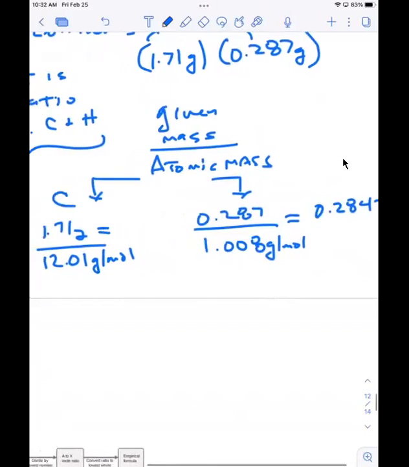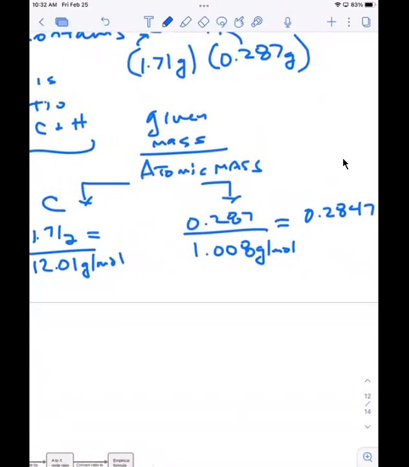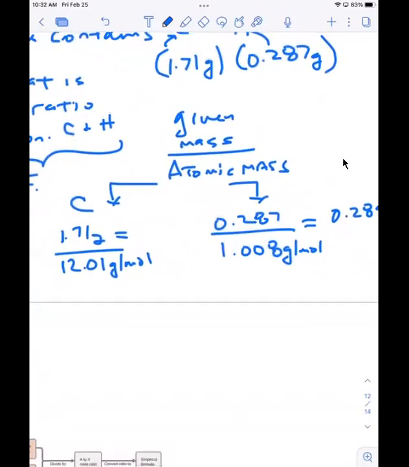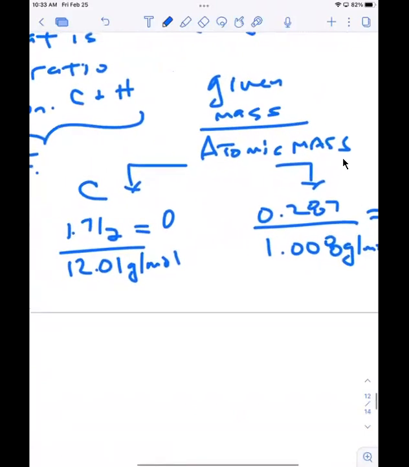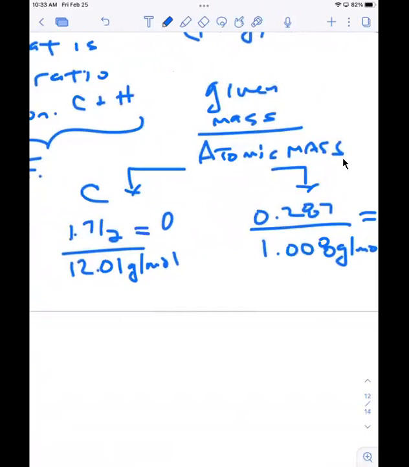Oh, well, yeah, because it's one. Okay. And what about the first calculation? Anybody got that one? 20.5. Did you multiply? Yes, you did. You're supposed to divide. 1.71 divided by 12.01. It should be a decimal, not a whole number. 0.142. All right, we'll take it.